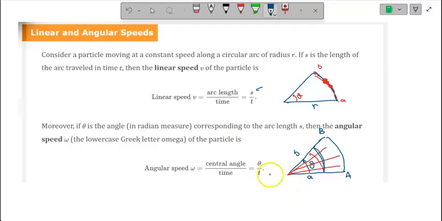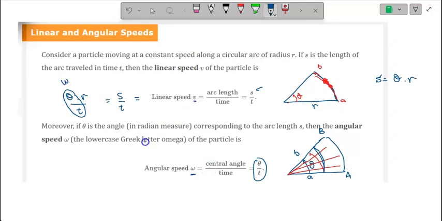Now, is there any relation between both of them? And the answer is yes, since S equals theta times r. So the linear speed, I can write down as S over t, and I can substitute the S by theta times r over t, and you can recognize theta over t here, all right? So the theta over t, that's going to be your W, what we call W here, right?